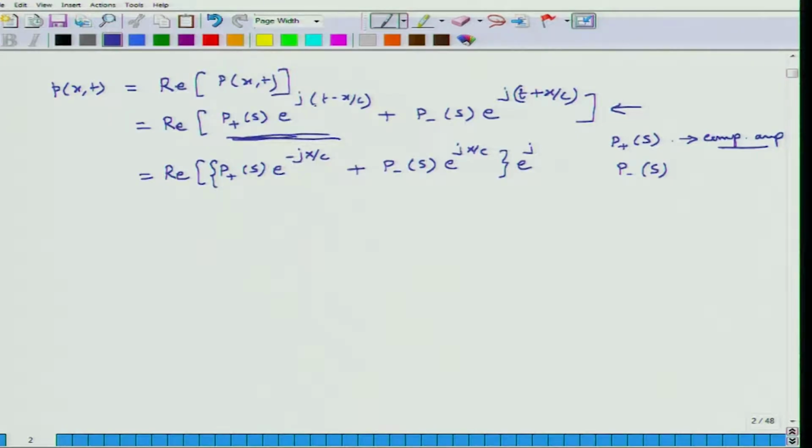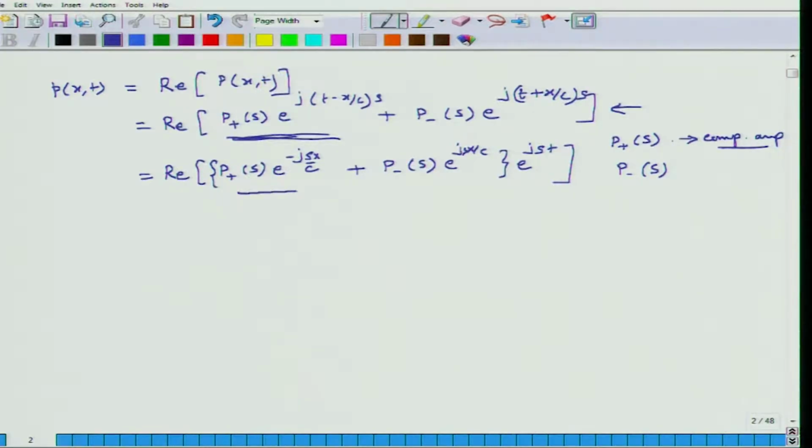Oh, I missed something, I should have the term s also in the exponent, so it is s x over c, and I should have an s here also, and e to the power of s t.